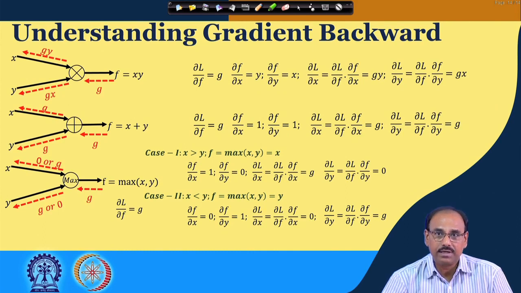But I tell you that there are some simple circuits, elementary circuits, using which you form or you design the complicated nodes. One is add, one is multiply, and the other one is max.